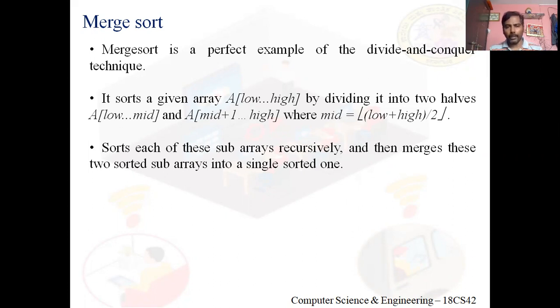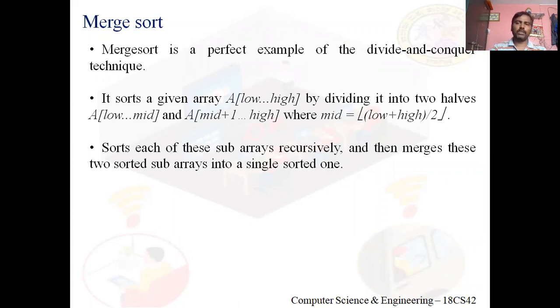What is this 4? It's mid plus 1. Mid is 3, so 3 plus 1 is 4. Clear? In the first half, the lower index is 0 and the higher index is 3. In the second half, the lower index is 4 and the higher index is 7. Again, each contains 4 elements.